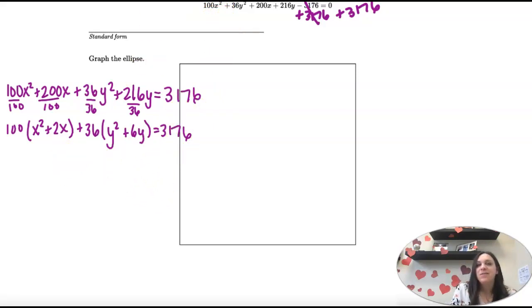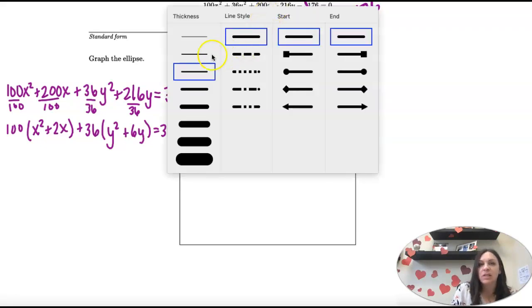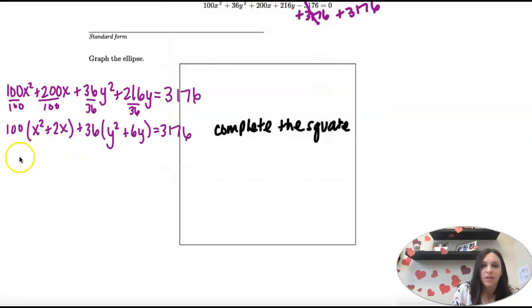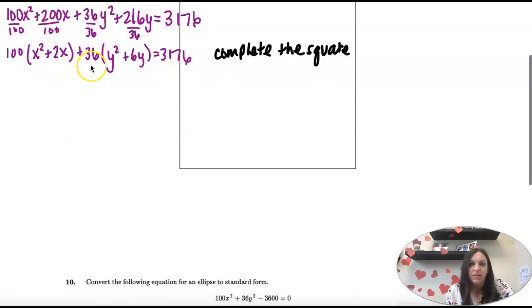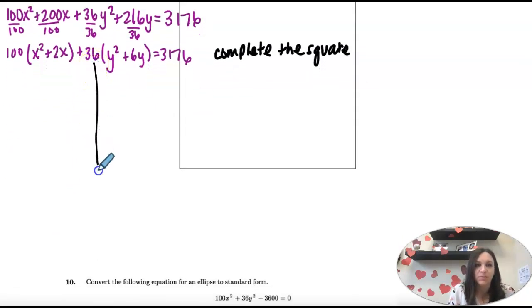Alright, so the next thing we're going to do is complete the square, which is what we have done before when we did circles. So I'm going to rewrite it down here while I have a little more room.